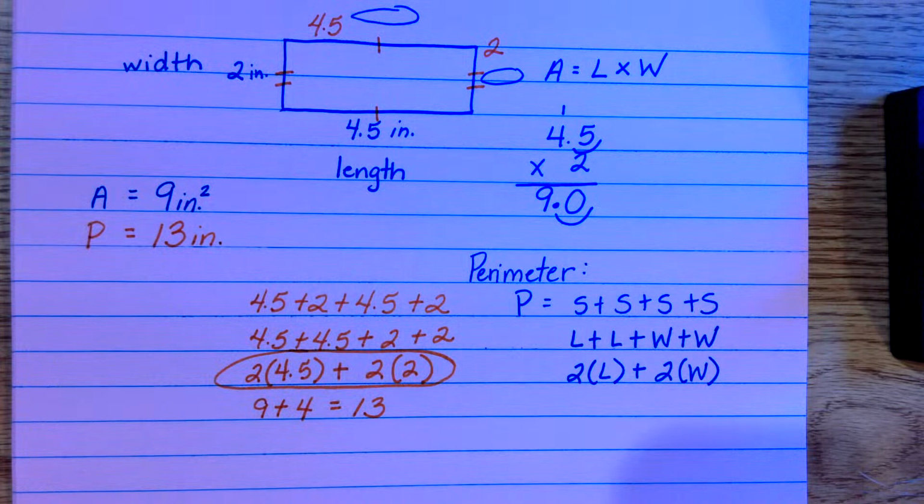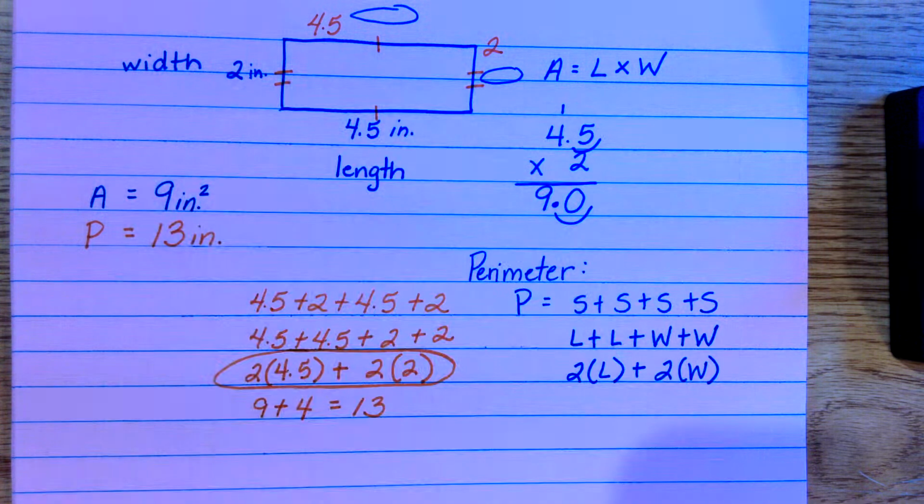These are not squared inches. It was not a multiplication problem, so we didn't have 2 times the inches. What we had, excuse me, is the distance around in inches. All right. I know that that can be a little bit confusing.